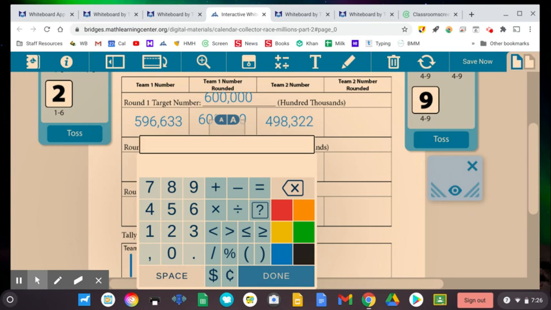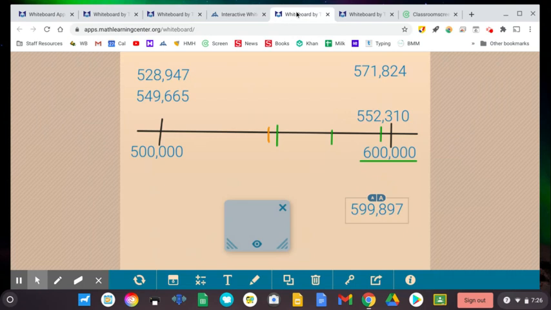So when we look at our number of 498,322, we still have to round it to the 100,000s. So looking at our 400,000 and our 90,000, is that closer to our 500,000 or is it closer to the 400,000 if we had a number line?